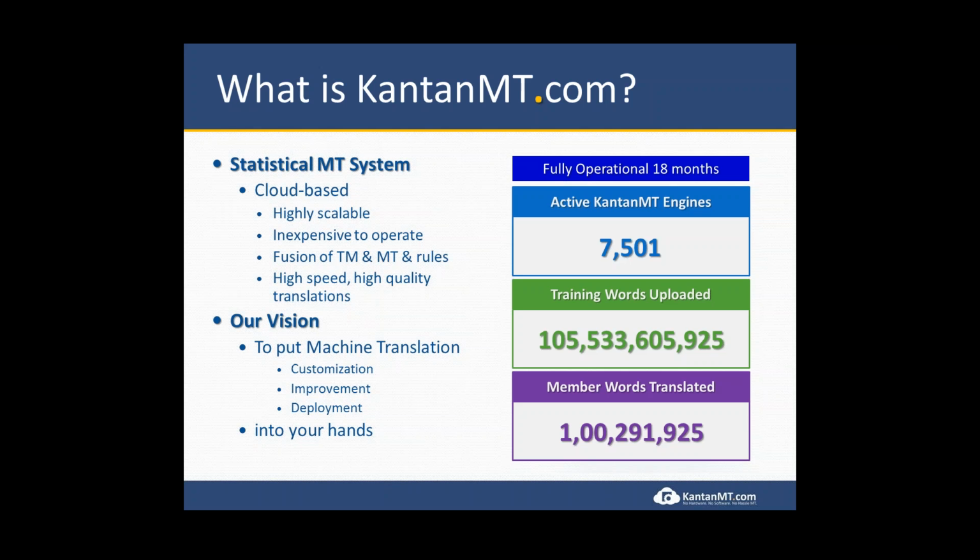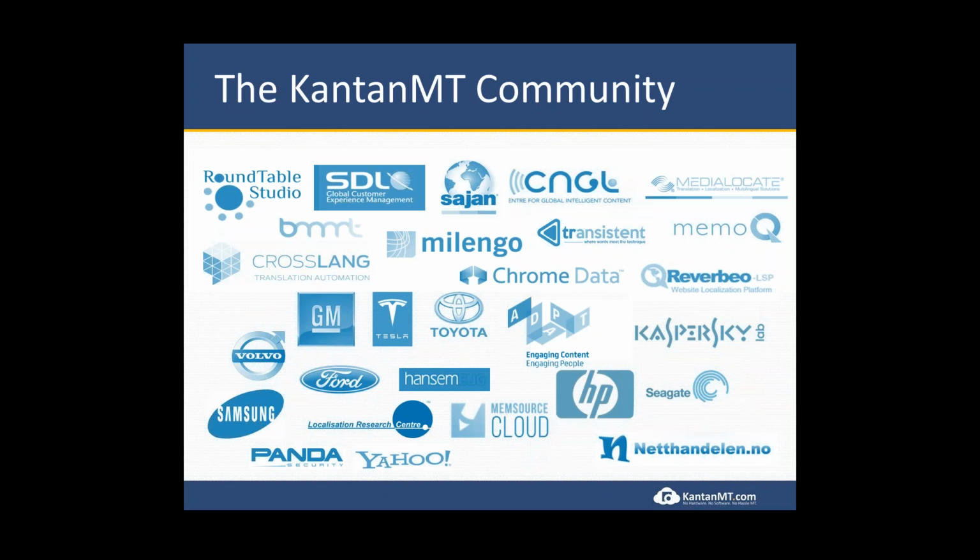So if you were to include the target words in there, that would be about 200 billion words of training data. And so far, our members have actually translated just over 1 billion words since the start of this year. So we're very proud and humbled to have such a great and active community, and they keep us honest and they keep us busy developing new features, which is fantastic.